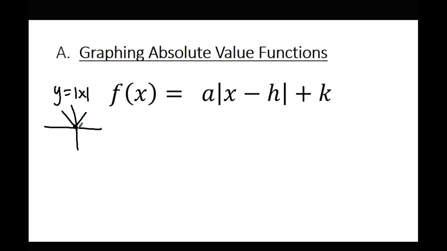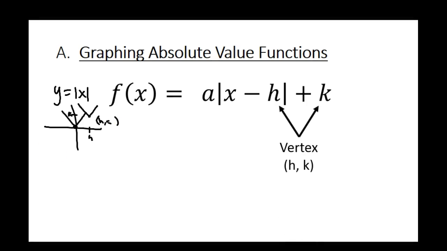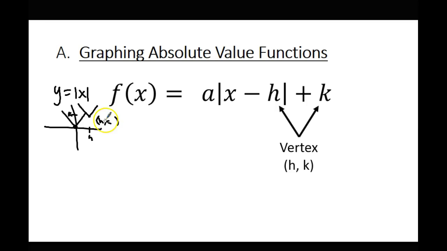So if I move it to the right H and up K, what will my vertex be now? HK, right? So here's what I'd like you guys to write now: those numbers make your vertex. That's my K. I tried. But there we go. The vertex is HK.